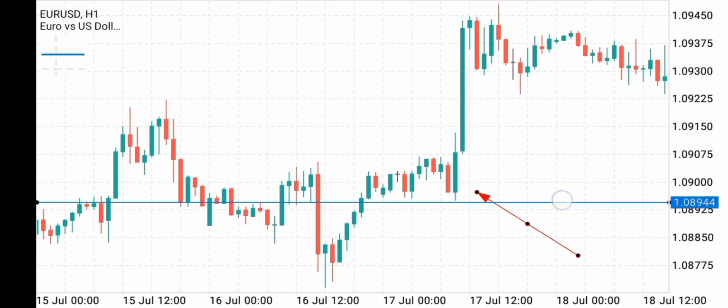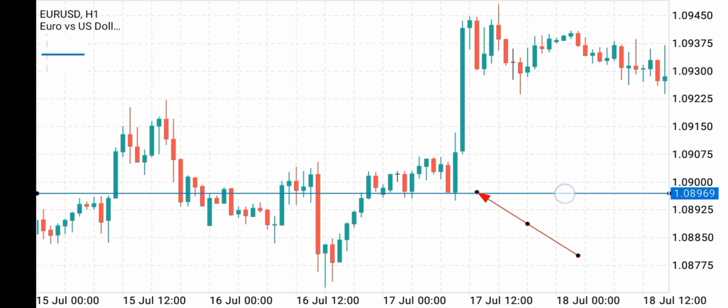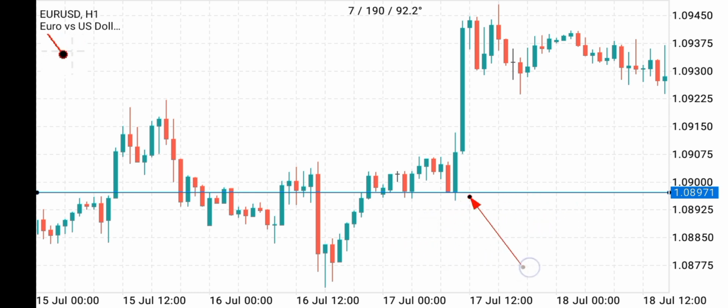Okay, so guys, this place right here is the opening price of this candlestick at the price of 1.08971. But let me not bore you guys with the price. It's kind of boring just repeating those prices over and over again. So this is the opening price of this candlestick, and when this bullish candlestick opened, it pushed up higher right here.